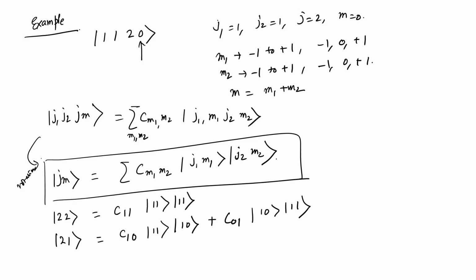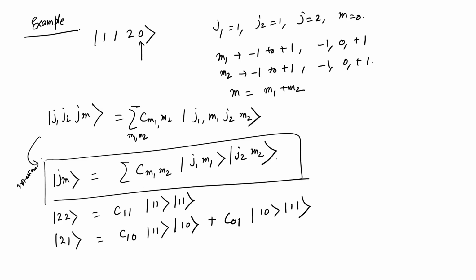If m is equal to 0 and the maximum value of m can go to 2, you have to do this twice. Instead of that, you wrote down all the linear combinations by inspection of what can be the m1 and m2. It looks a little complicated, but it is not actually.